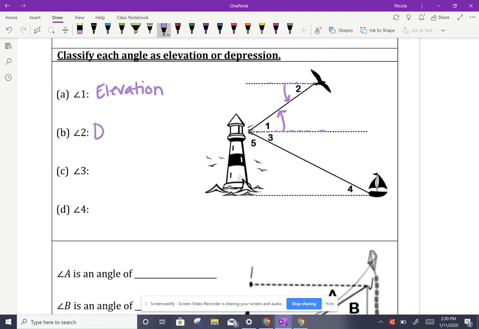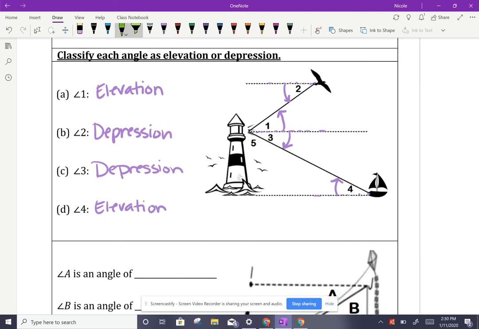That space would be an angle of depression. Angle 3 looks straight ahead and then looks down. That is an angle of depression. And angle 4 looks straight ahead, then looks up, is an angle of elevation.